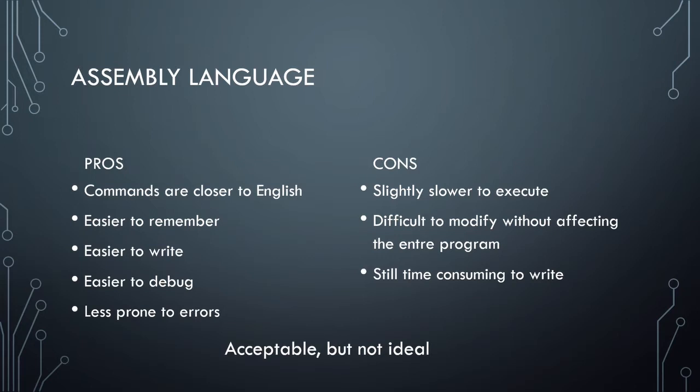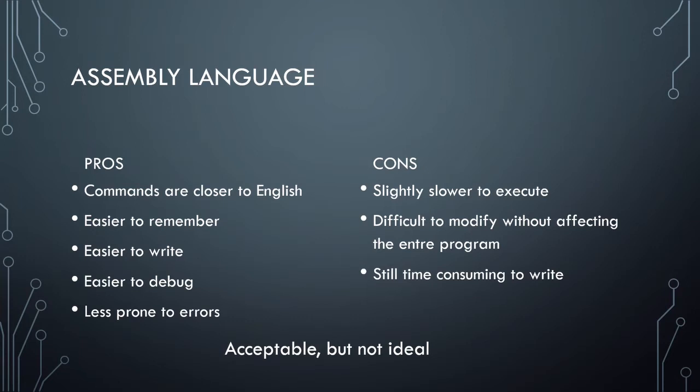Hopefully you don't run into this. Our programming codes that we'll be using are fairly simple, but if you are writing a really complex code with assembly language and you found yourself needing to change something, it may not be a straightforward process. You may have to go in and change many, many pieces of that program. So that's certainly a drawback to assembly language.